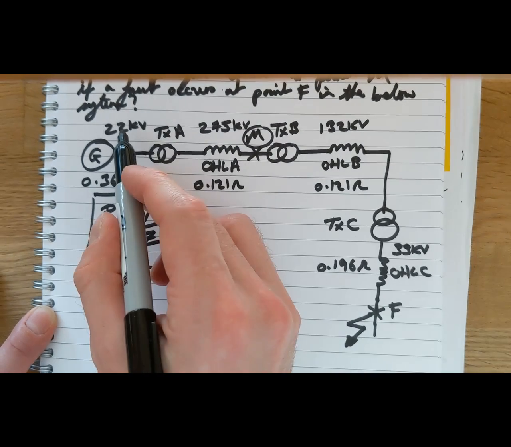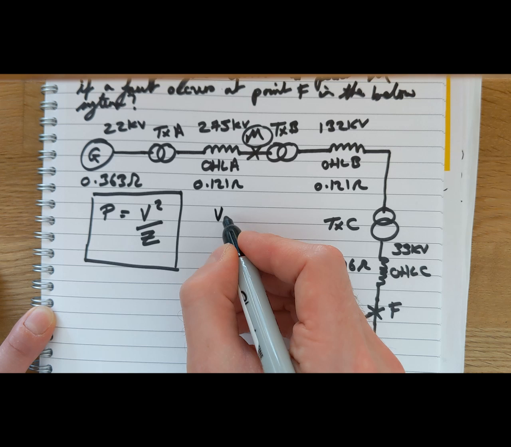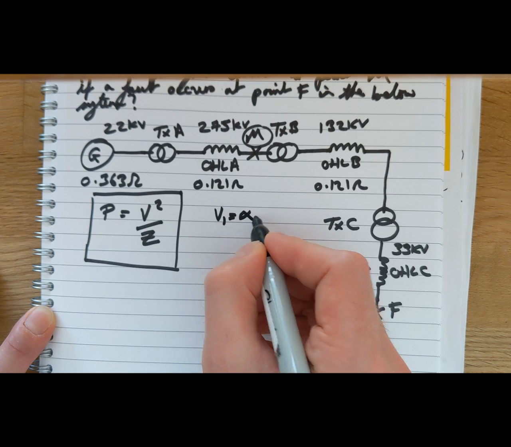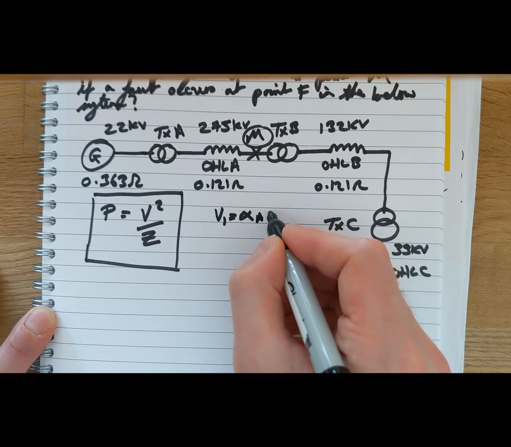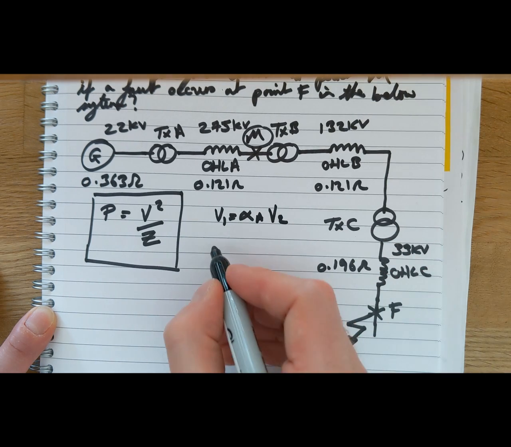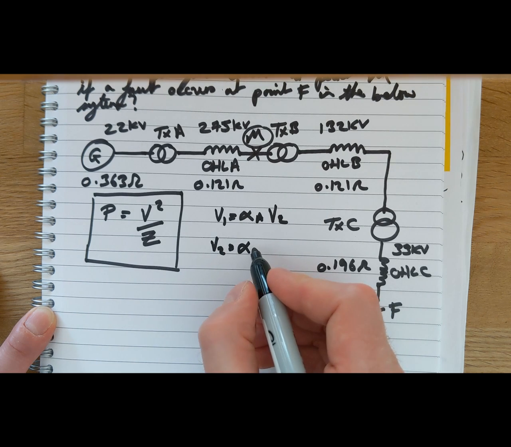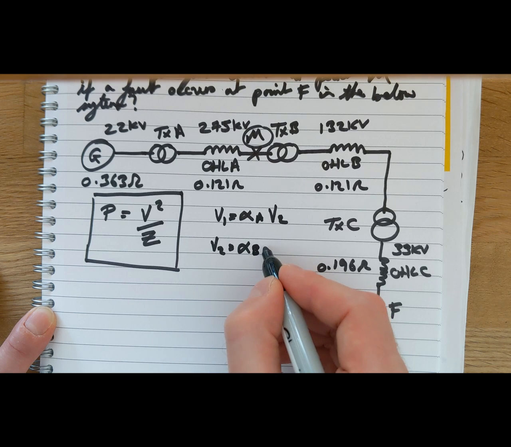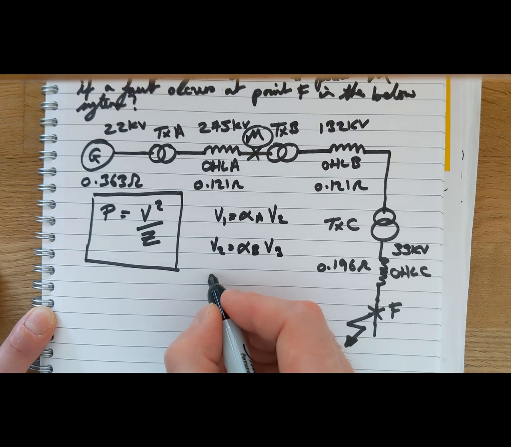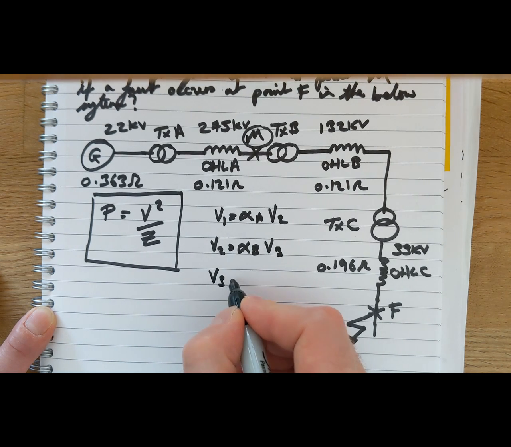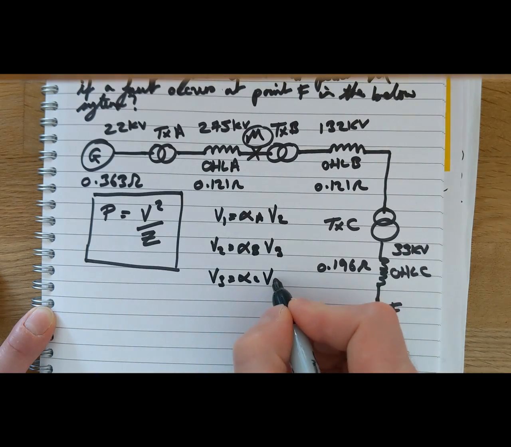So if we were to term that 22 kV voltage 1, voltage 2 will simply be voltage 1 times the turns ratio at transformer A. And exactly the same, voltage 2 times the turns ratio at transformer B will give you voltage number 3, and voltage number 3 times the turns ratio at transformer C will give you voltage number 4.